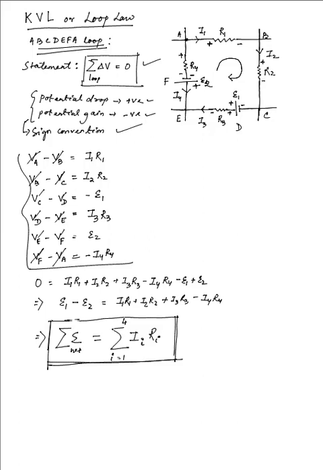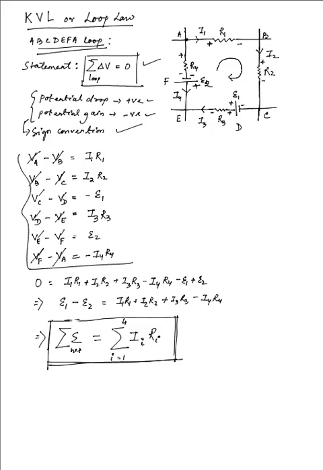Here as well, after rearranging, what we have is the sum of the EMFs, or the net EMF in a given loop. EMFs are the source of energy to the loop. They provide electrical energy, the potential difference necessary for the functioning.